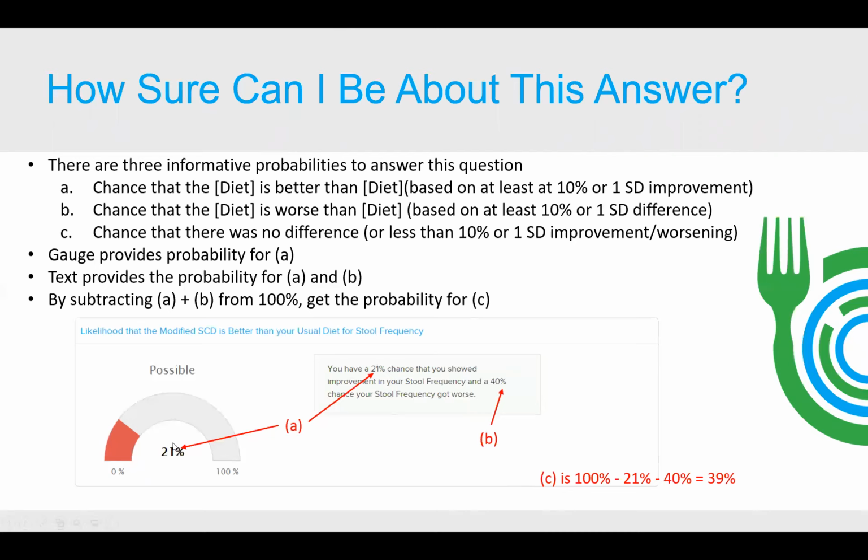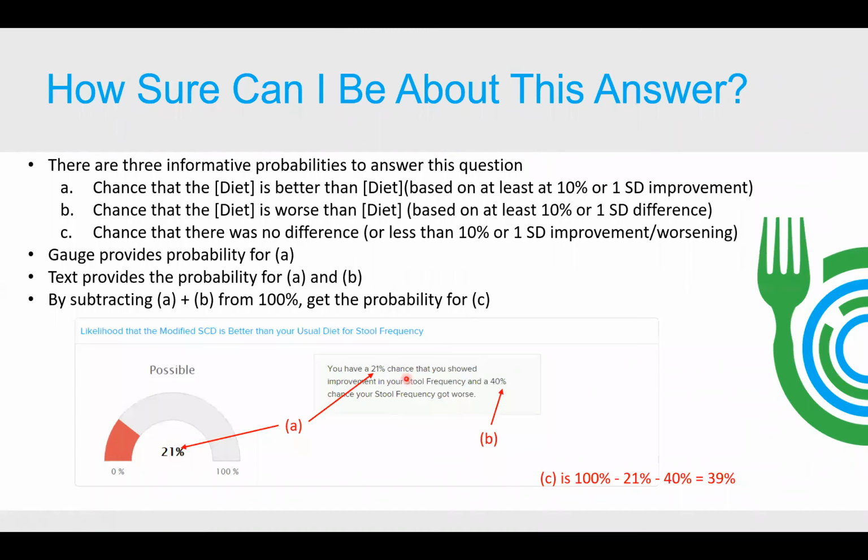When we give you the gauge in this results review, which you can see here, we give you the probability for A. So the chance that one diet, in this case, the modified SCD, is better than the other diet, in this case, the usual diet, based on at least that 10% or 1 standard deviation improvement. So there's a 20% chance that the modified SCD is better than the usual diet in this case.